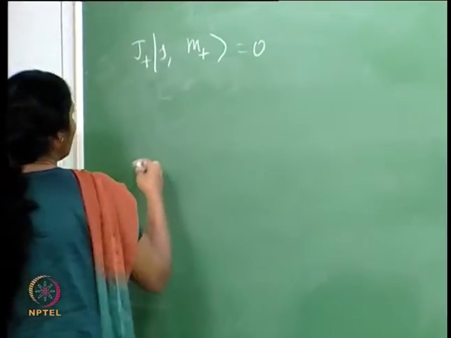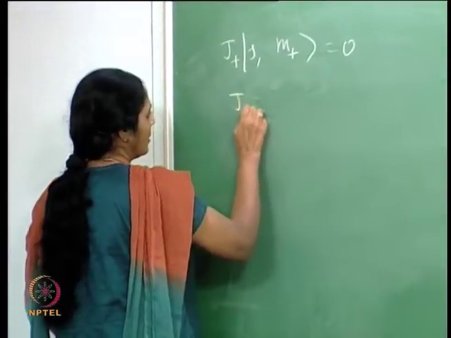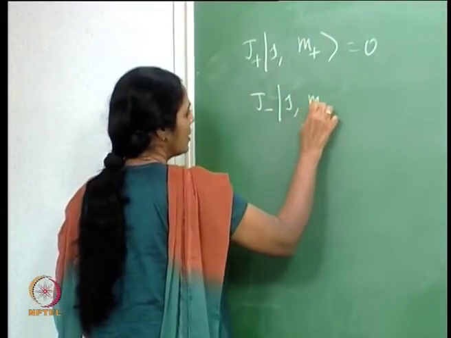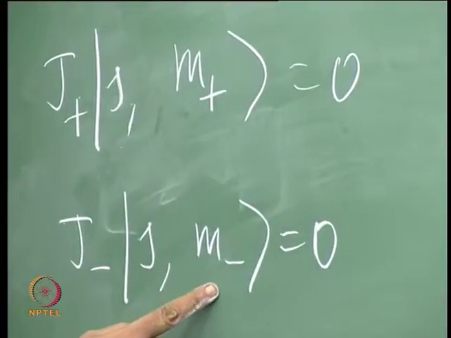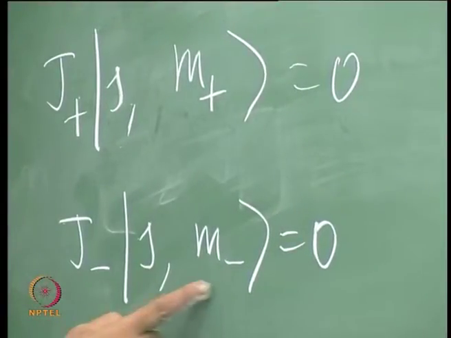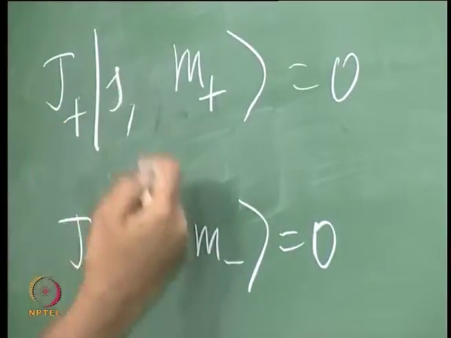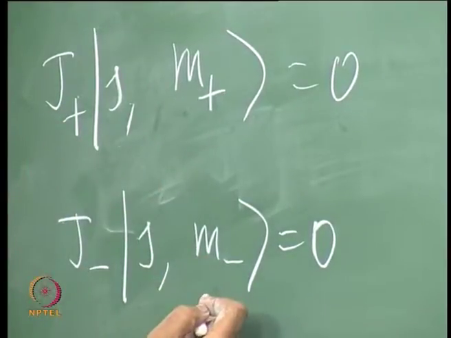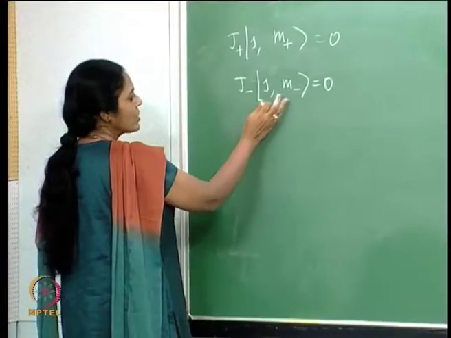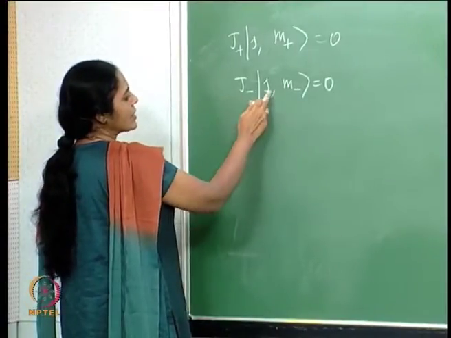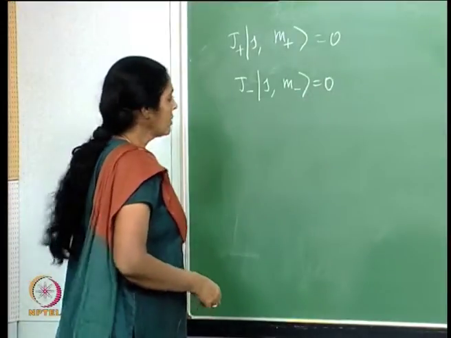Similarly, I know that there must be a lower bound for the same reasons. There is an m minus. Every time J minus acts on m, it reduces the value of m by 1, but then there must be an m minus, which fixes the lower bound, because J minus acting on |j, m minus> must be equal to 0.